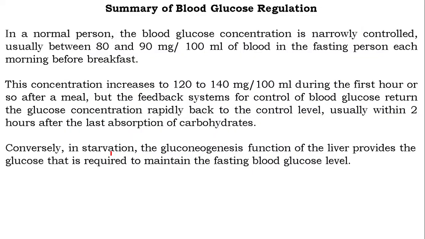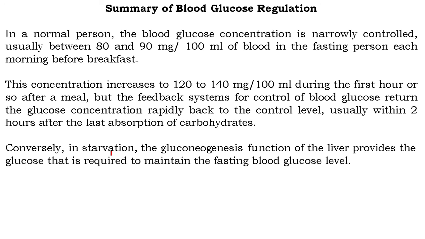Summary of blood glucose regulation. Both insulin and glucagon together are responsible for maintenance of the glucose in the blood. Whenever extra glucose is present, it is converted into glycogen, lipids, proteins, etc. under the influence of insulin.